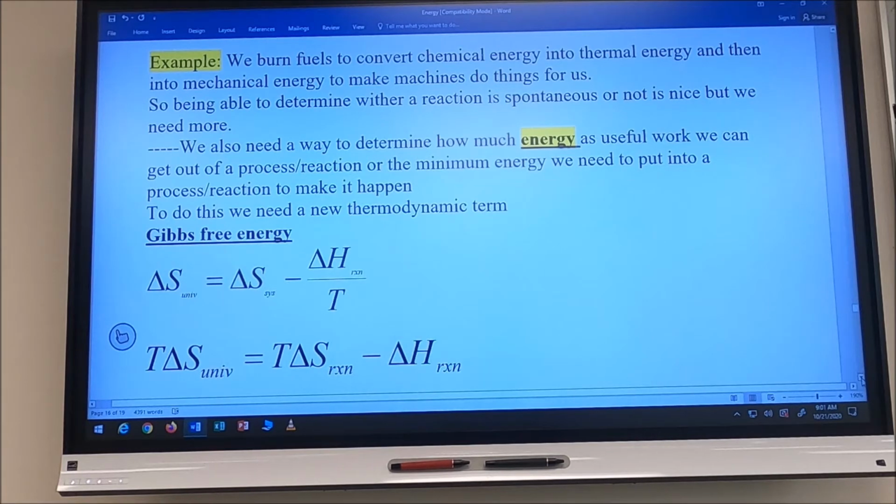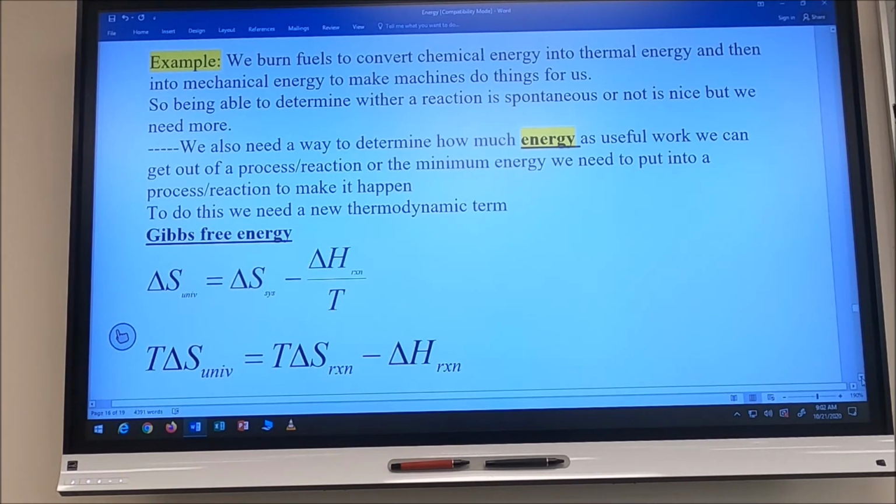Okay? We also need to be able to determine how much energy as useful work we can get out of a process or a reaction, or the minimum amount of energy we need to put into a process if it's non-spontaneous to make it happen. So we're going to move on to a new thermodynamic term called Gibbs free energy.